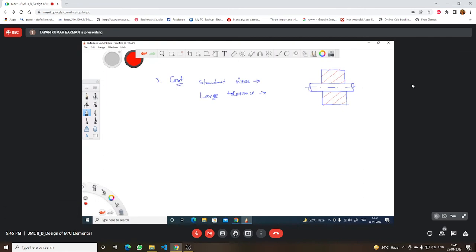Now here you see, say for example, the shaft diameter is 50 millimeter. Accordingly, your hole diameter should be 50 millimeter. Then how is it possible to accommodate the shaft inside the hole?